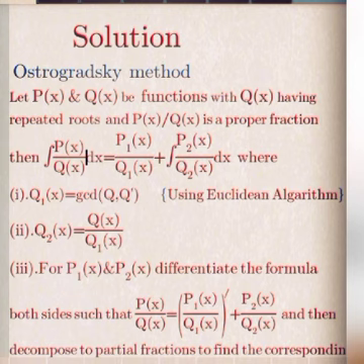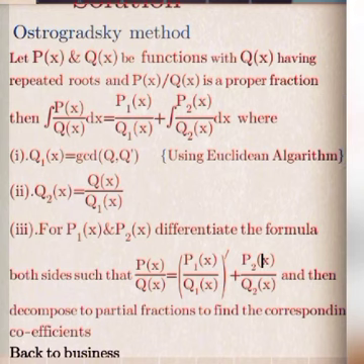When you differentiate here, you get P(x) over Q(x). When you differentiate this one, of course, they remain the same. When you differentiate this, you get that, as we have seen here. So you first decompose this into partial fractions, then you compare so that you can get those things. We shall see how you do that.